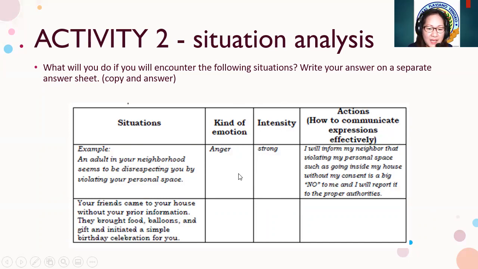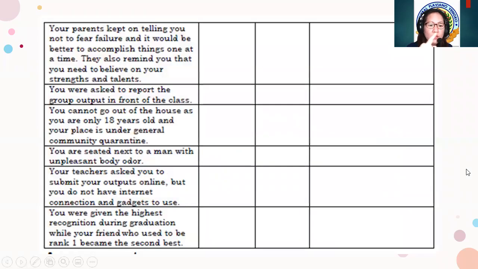So dahil ito na nga yung na-identify mong emotion at ito yung level ng intensity, ano yung magiging action mo in communicating your emotion effectively. So dapat positive na yung magiging actions niyo diyan kasi na-identify niyo na, na-recognize niyo na. Okay. Ilan po 'yan? 1 2 3 4 5 6 7, 7 situations po 'yan na gagawin ninyo.